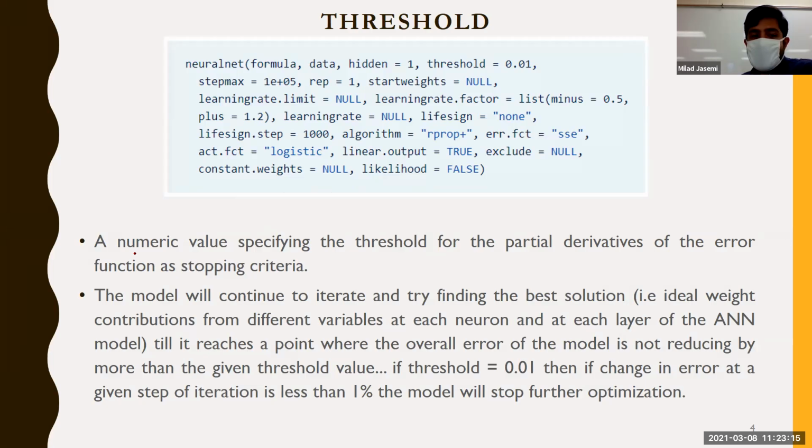Threshold is a numeric value. Always in computing, because you have passed Java and you know how important it is to specify the type of the values you are working with. Although, for example, in R, you don't need to specify it. But when it says a numeric value specifying the threshold for the partial derivatives of the error function as a stopping criterion, since it is mathematical, forget about this one.